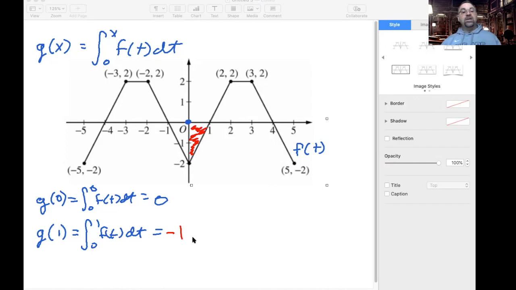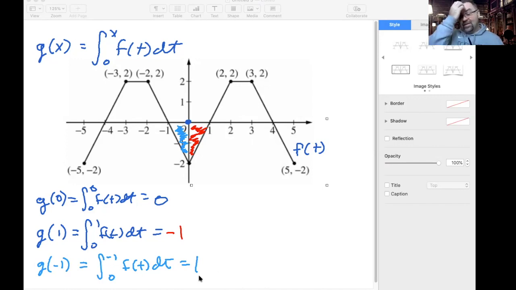Now be careful with g of -1. Over here, that's also an area of 1, and it's below the x-axis. But remember, I'm going right to left, so that area turns positive. You can flip the limits if you want and put a negative sign in front of the integral, and then you see it's the negative of -1, so it's +1.